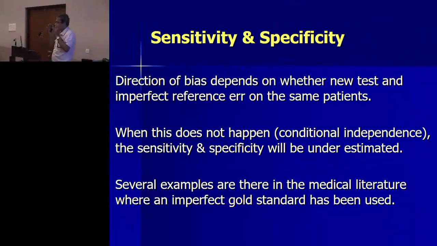If it's on the same patients, it can go one way. If it's on totally different patients, it can go another way. So it can go either up or down. But usually if it is conditional independence, you underestimate. It's basically saying they're independent of each other. So that's all we mean. Either they're happening on the same patients or they're on totally different patients, randomly occurring.